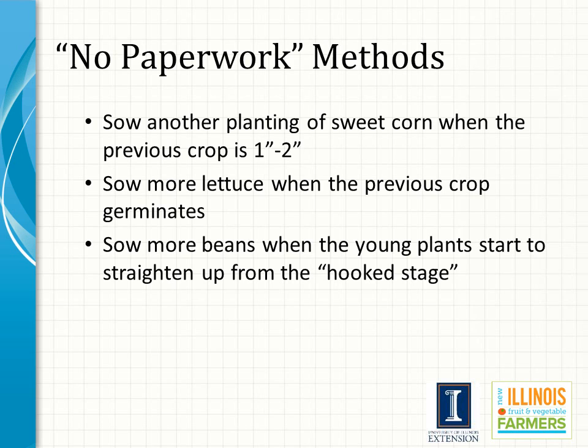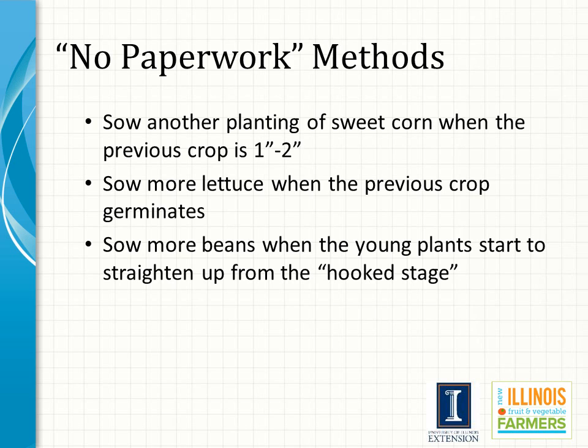The no paperwork method of succession planting involves using personal experience, anecdotal information, and other similar information from vegetable growing resources. Examples of this method include sowing another planting of sweet corn when the previous crop reaches 1 to 2 inches in height. Another example would be seeding more lettuce when the previous crop germinates.